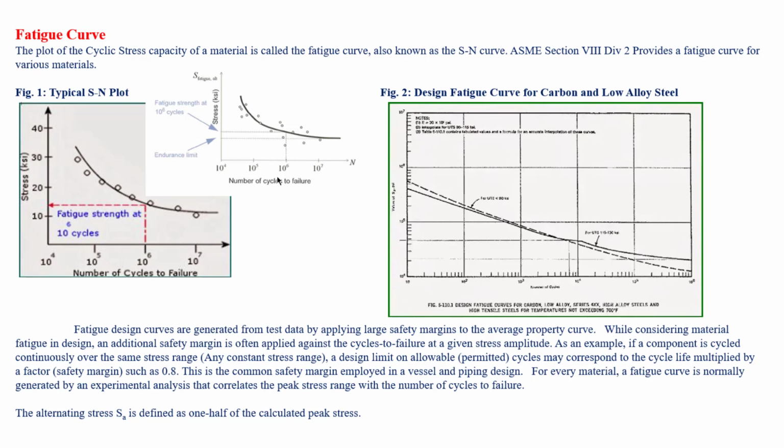In the sense, they give you 0.8 multiplied by whatever curve you have. They give that kind of allowance, so it is not exactly the stress-strain result. You'll have an allowance of 0.2. This margin is for vessels and piping. For other industrial components, you might have certain other things. Depending upon that, this ASME section will be given to you, and they have this allowance for each and every material. Remember that.